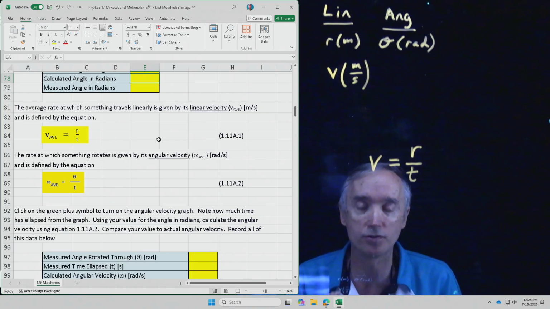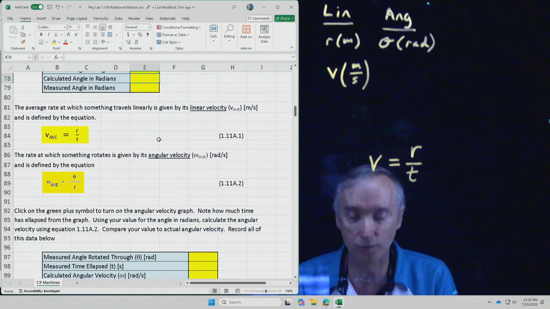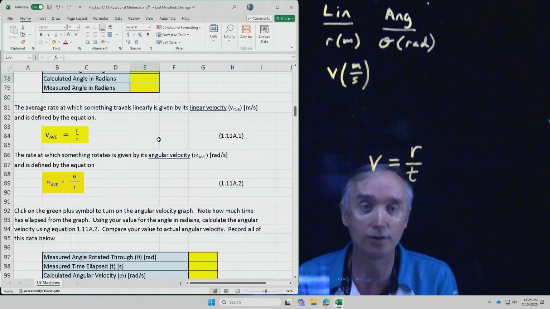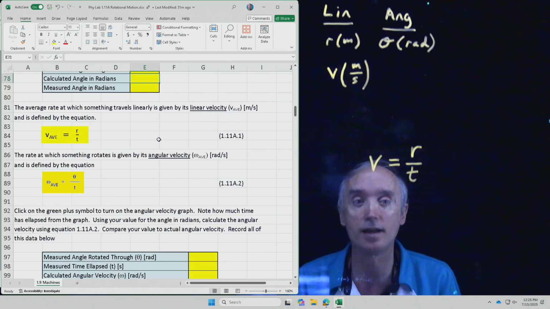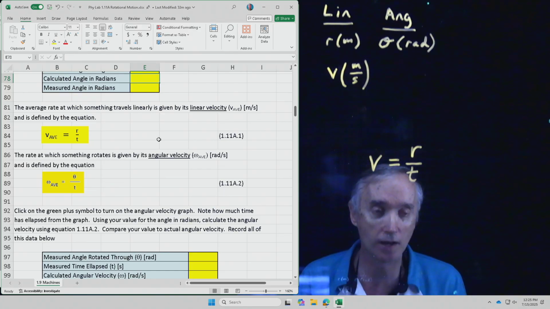We've already discussed that in previous labs. So now we're going to go on to rotational velocity or rotational speed. Now there is a difference between speed and velocity. Speed is a scalar, it just is a number, and velocity is a vector. It has both a number and a direction associated with it, but that's not important to us.